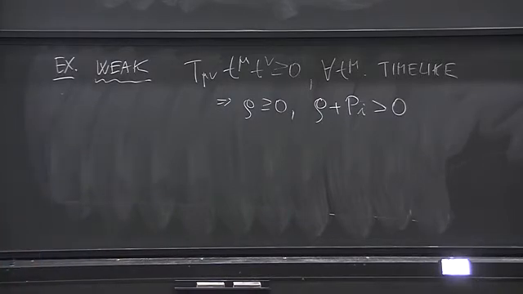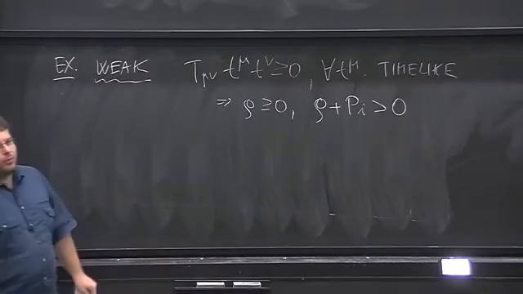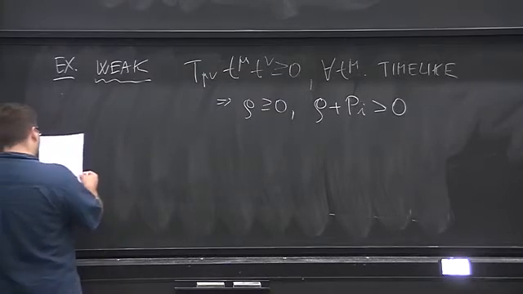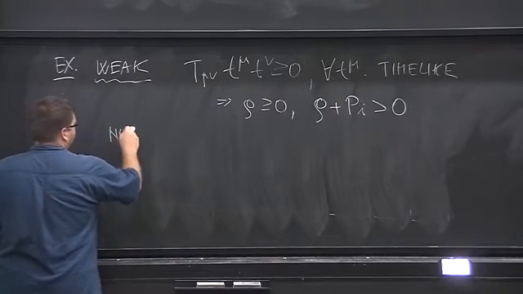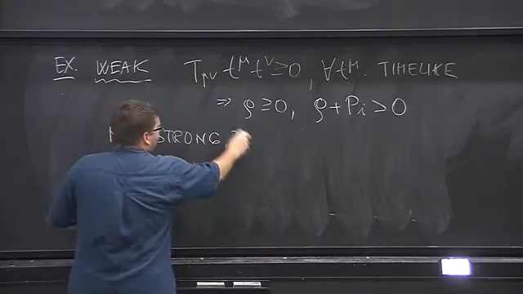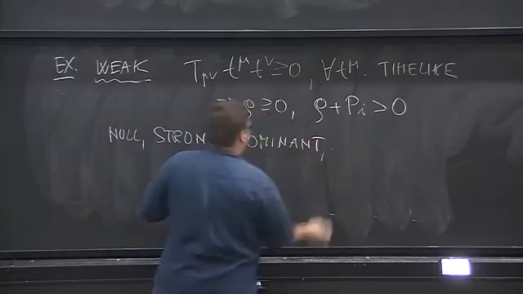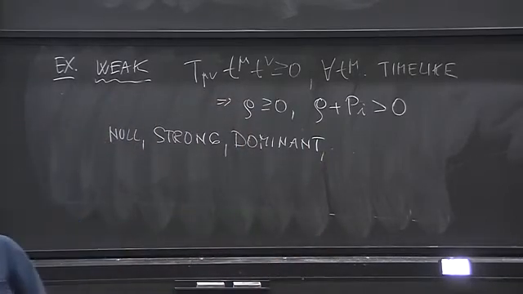Okay, so that's an example of an energy condition. And then you have many more energy conditions. For example, you have the null energy condition, the strong energy condition, the dominant energy condition, and so on. And all these energy conditions tell you some reasonable assumptions about what the energy momentum tensor should look like. Okay?